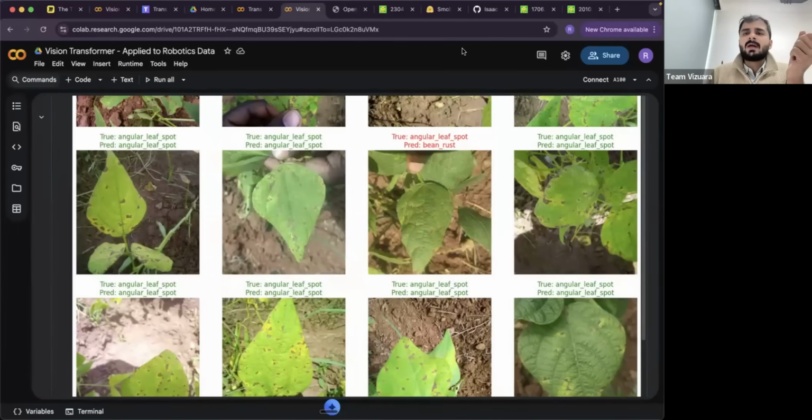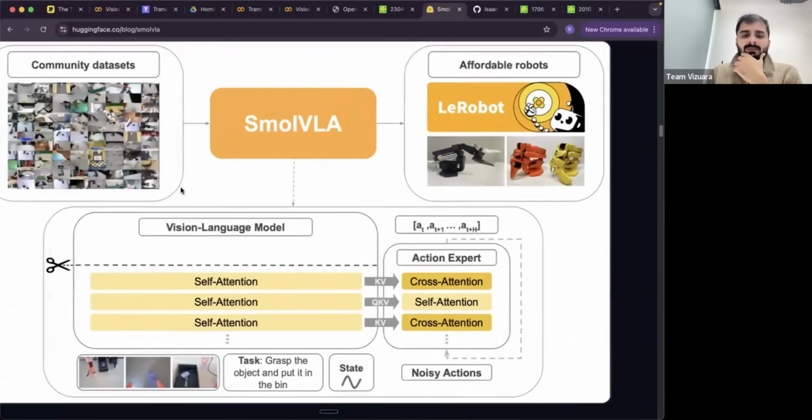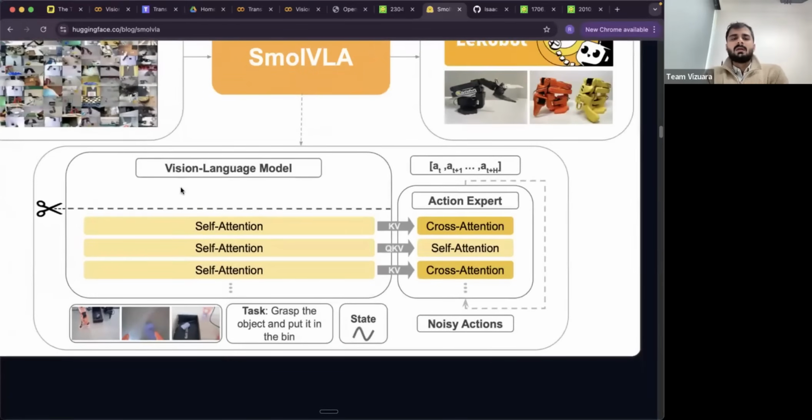And now if you look at the first thing that we started out with in our lectures, looking at these different architectures, let's look at this SmolVLA for now and try to see if we can understand some of the text which is written over here.